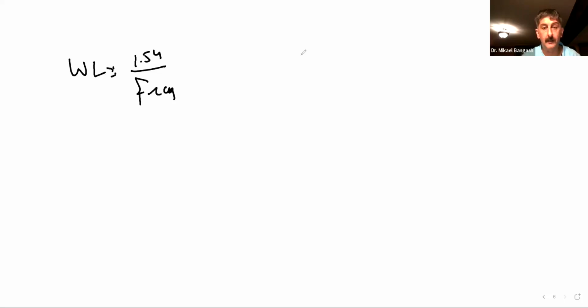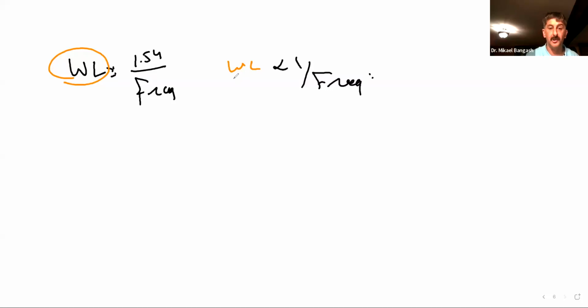That means any number you calculate is inversely proportional to the denominator of the equation. So your wavelength is inversely proportional to the frequency, which means the greater the frequency, the lower the wavelength.